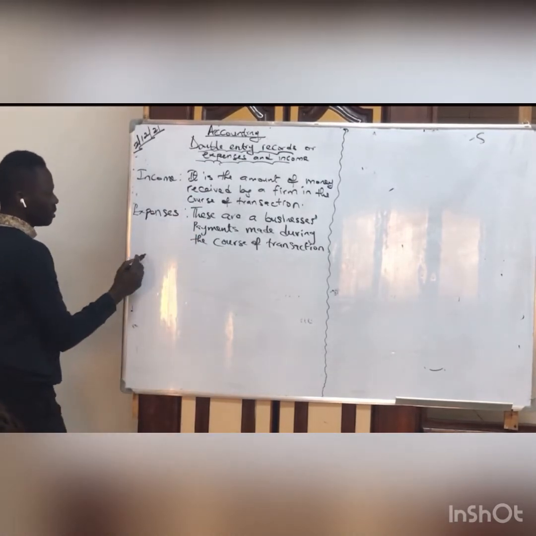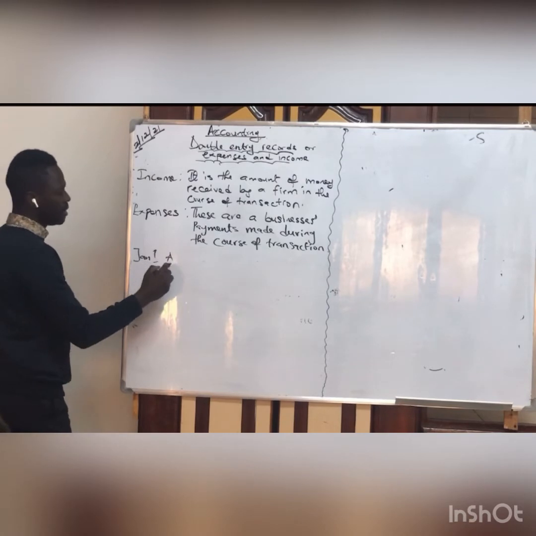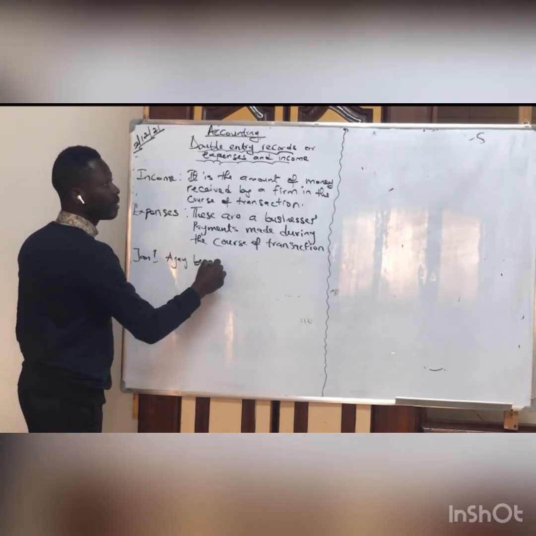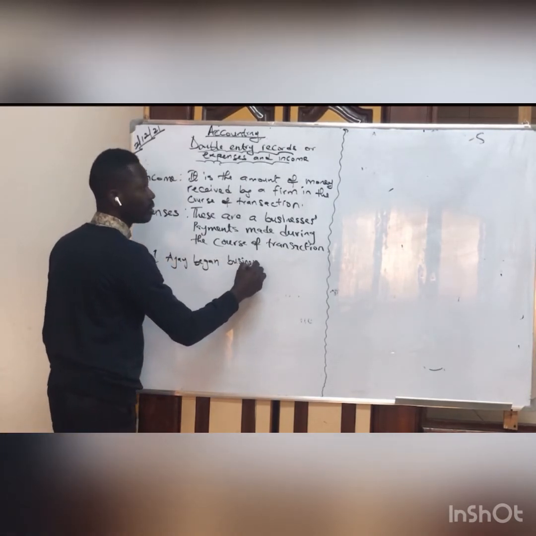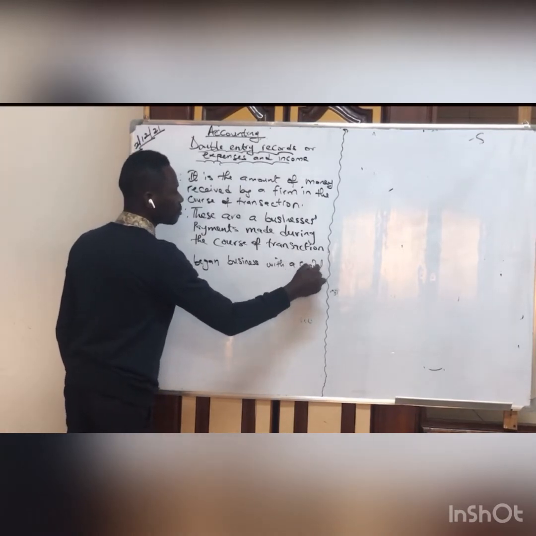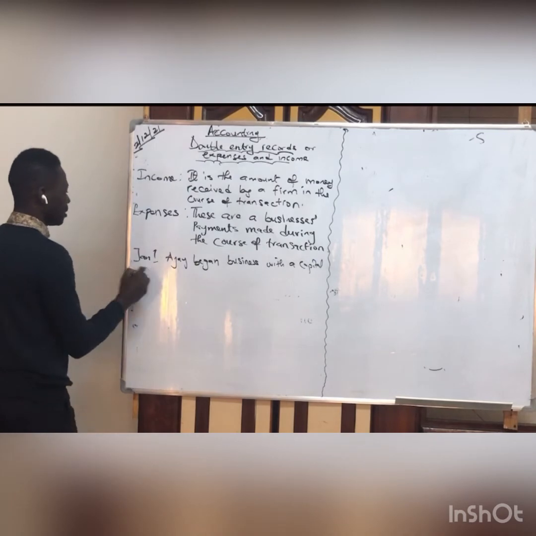On January 1, IJ began business with a capital of $80,000.